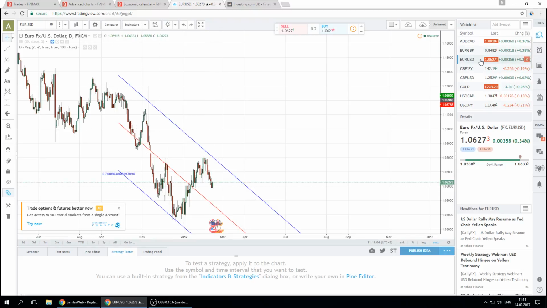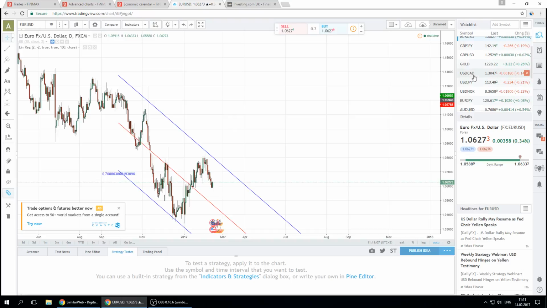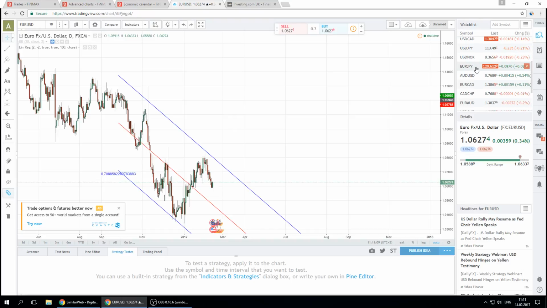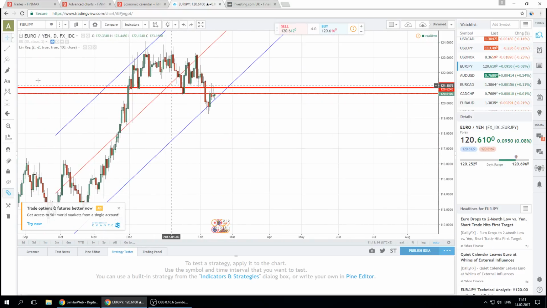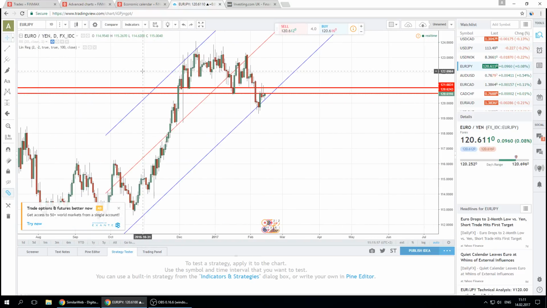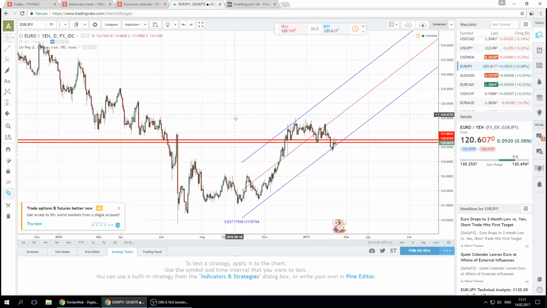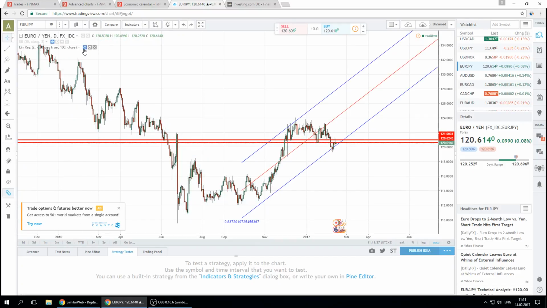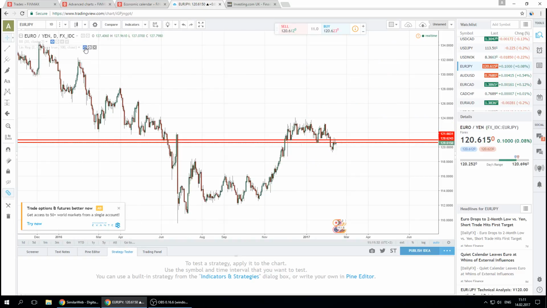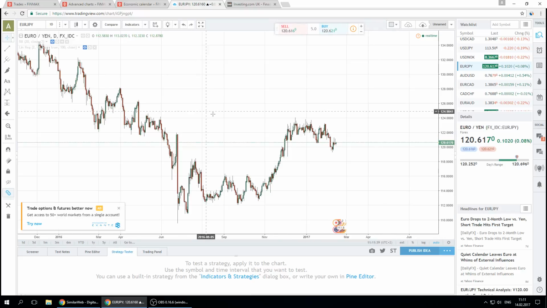When you choose, let's say, Euro to Japanese yen, I opened a trade today on this asset. We see here that the trend is moving up, right? Here are the lines of the upward trend. We can see it also when we switch off the linear regression and this level. So I will delete them. We don't need them anymore right now.